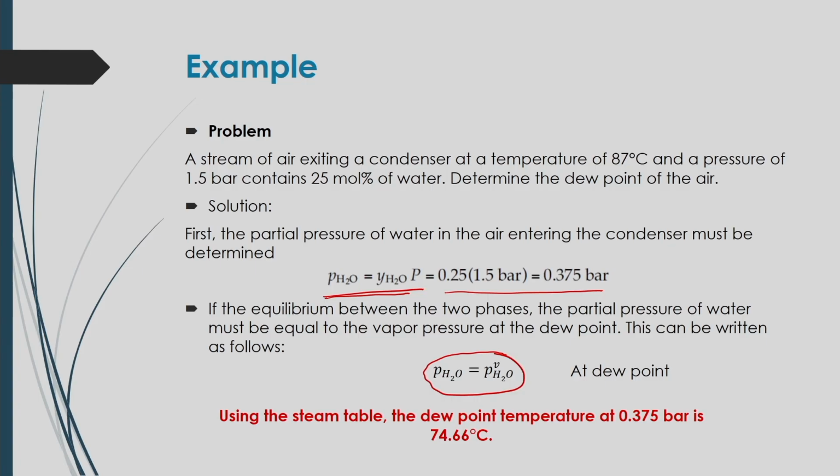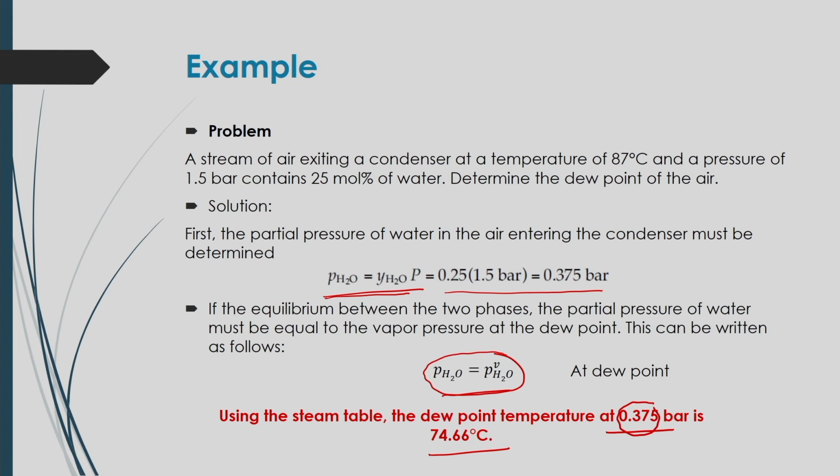Now, using the steam table, the dew point temperature at the condition where the partial pressure equals the vapor pressure will be 74.66 degrees Celsius, which you can get from the steam table, and the pressure will be 0.375 bar.